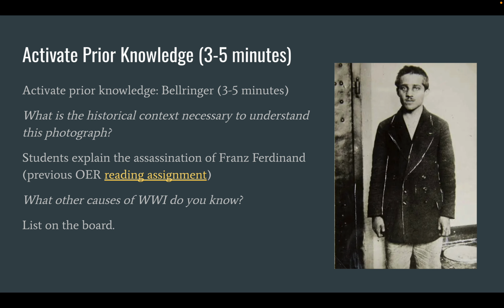And we can already start the class with one of the causes, which is the assassination attempt that this man carried out. And then we could go into what possible other causes were. Of course, the students brainstorming and me listing these on the board.